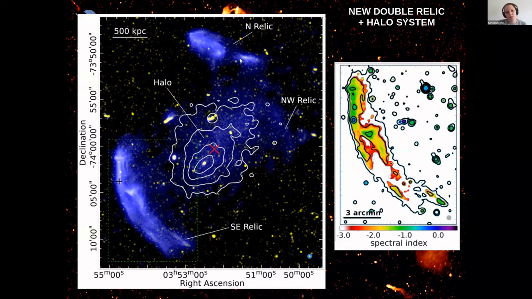There's this complex northern relic, which is not clear whether that's got any relationship to individual galaxies, but what was really interesting was picking up this very faint radio halo. So the blue here is using that filtering technique that I mentioned earlier.